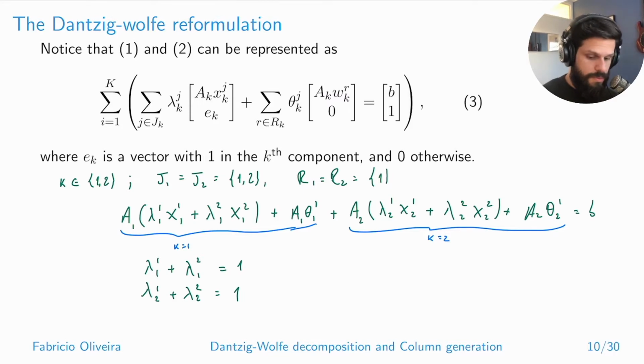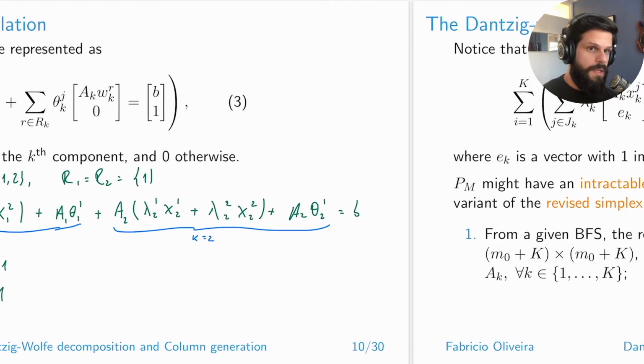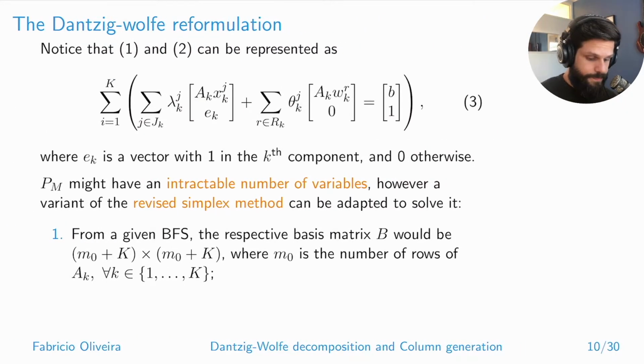So if you do it like so, then clearly this main problem is obviously beyond tractability. Why on earth would you enumerate every extreme point and every extreme ray of your subproblems? It wouldn't work.